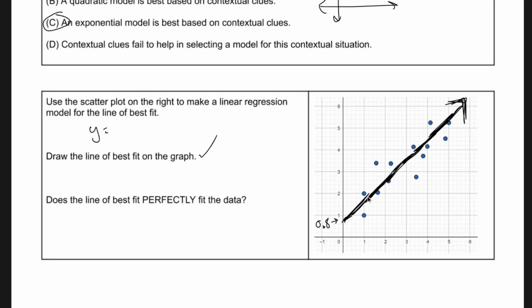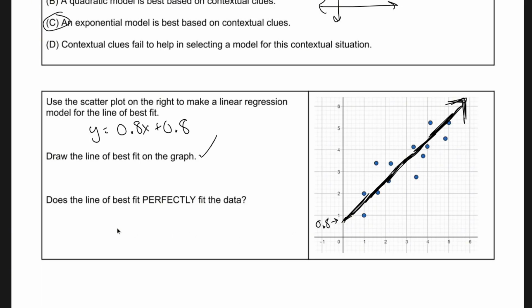There are no corner points that I really can use. We'll say that the slope is 0.8, x plus 0.8. We'll go with that, because it's a little more shallow than 1, as you can kind of see.